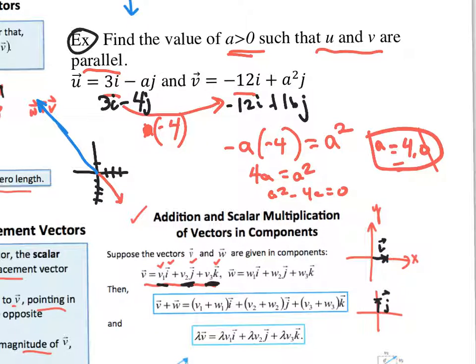If I drew these out in what we call standard position here at the origin, this one would be this vector, and then this blue one would be this vector here. So then it would just be 4 times the length, just in the opposite direction. So yes, they are parallel to each other. Or I guess you could say that they're the same line, but I got to double check, is that what we want or not? Let's run with it right now, and then we can double check and get back to you in class.